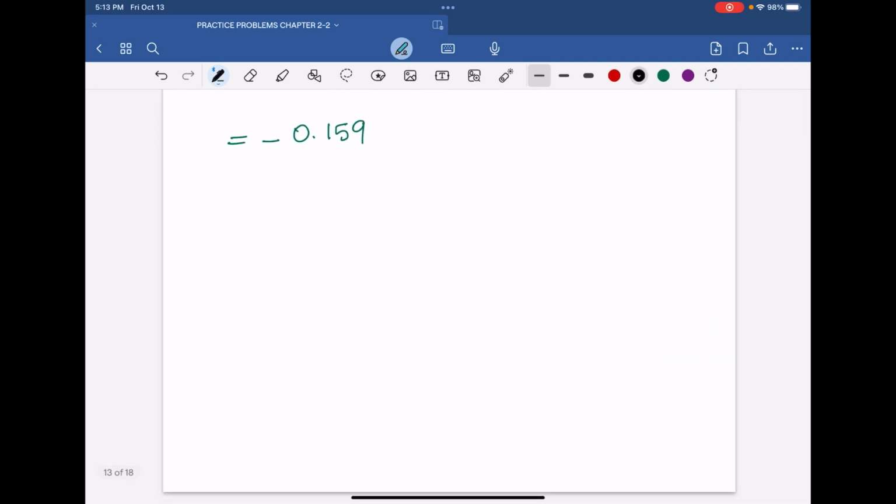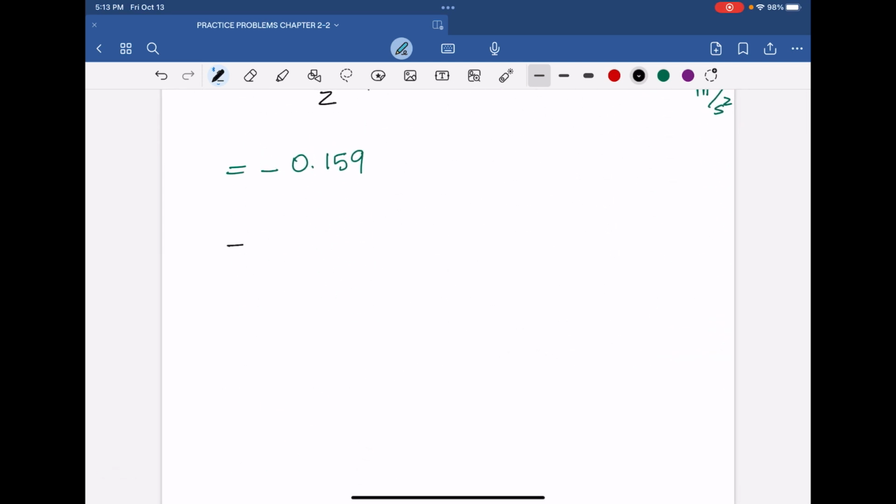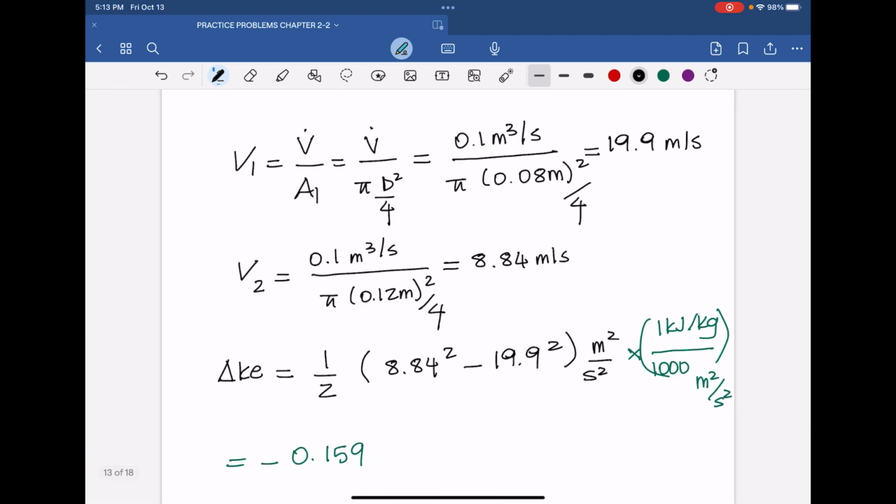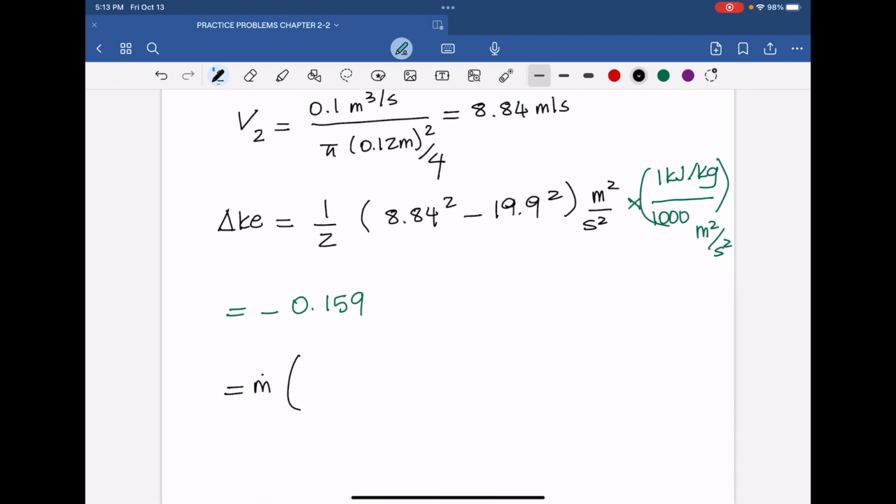Okay, let's remember: mass flow rate times delta P over density plus kinetic energy change, right?